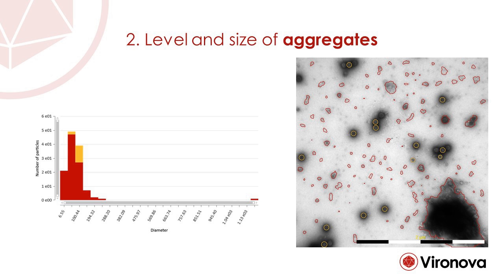And then you also see one outlier to the right in the distribution, which is actually an aggregate. And the nice thing with the Minitime system is that you have both the concluded size distribution, but also all the image data. So I can go back from this outlier and look at the actual aggregate. I can show you here to the right on this image this specific aggregate showing up in this peak in the size distribution.